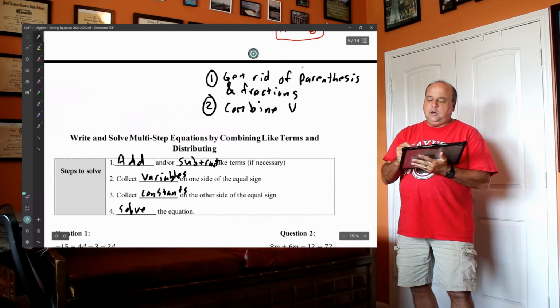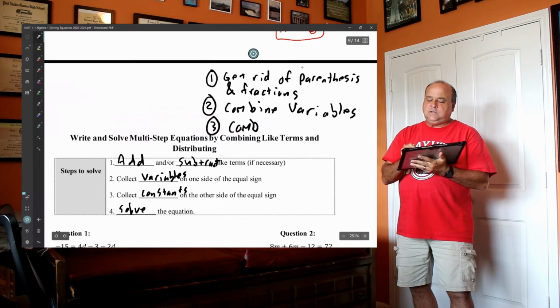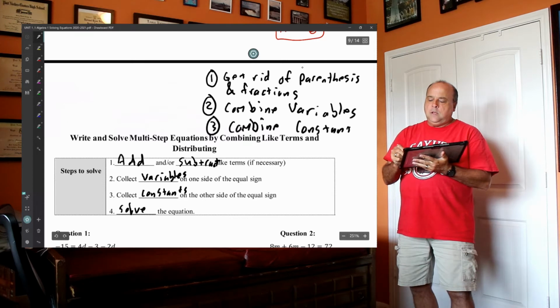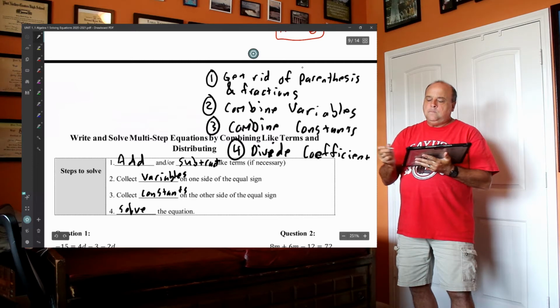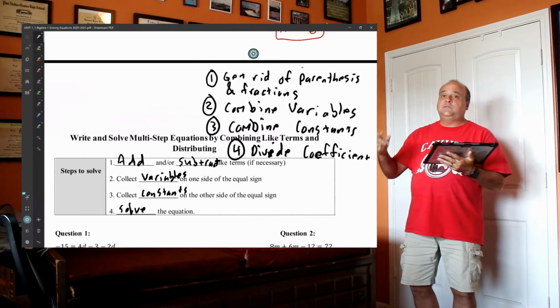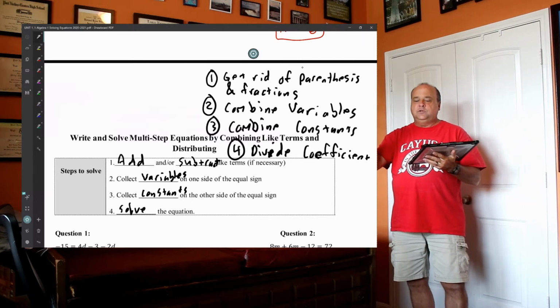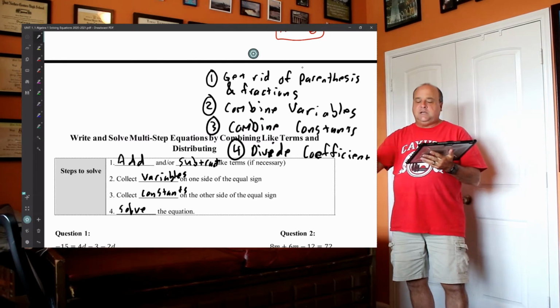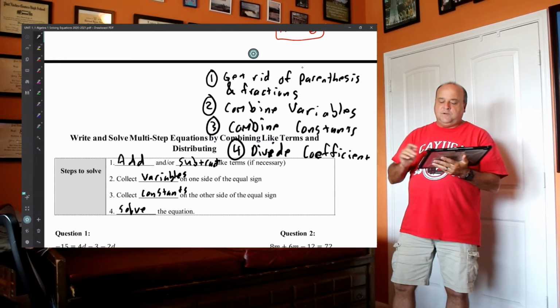In this worksheet here, we'll have to combine the variables, which are the letters, right? Step 3 is to combine the constants. And step 4 is to divide the coefficient. So we're going to get rid of the parentheses, fractions. We're going to get all the variables together, get all the constants together, and then divide the coefficient.